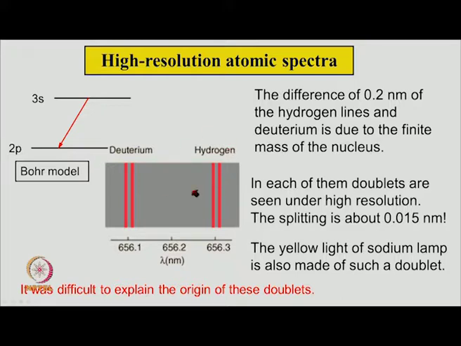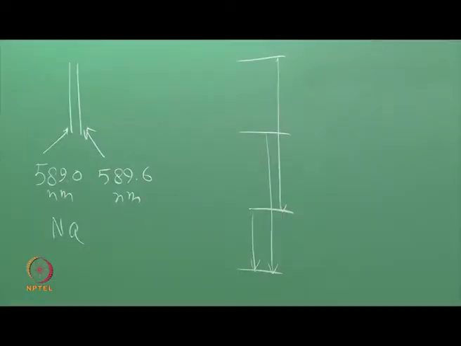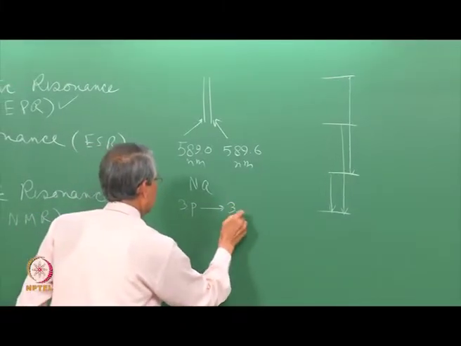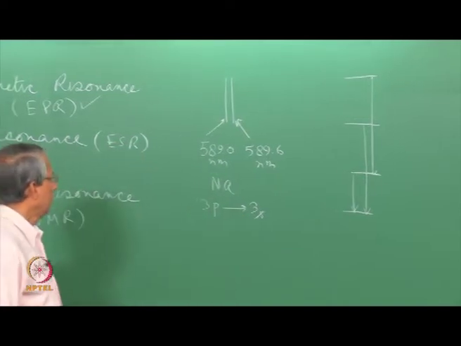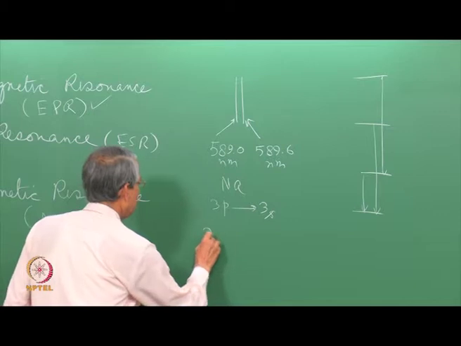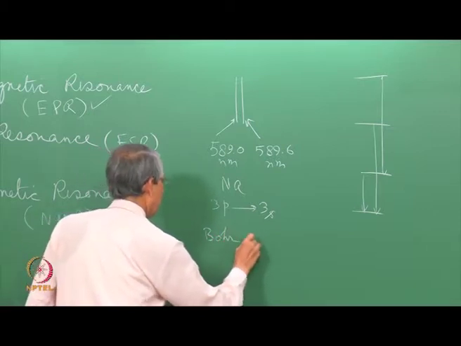In fact, for the sodium atom, the transition involves 3p to 3s orbital. In Bohr's model, these are degenerate.